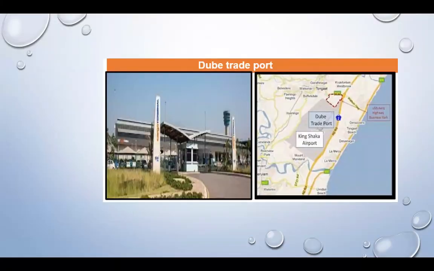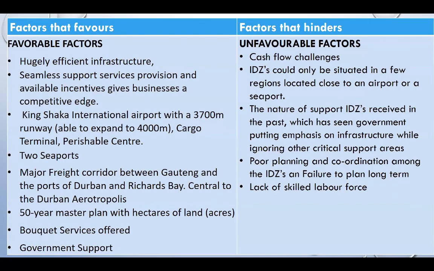Now, let's look at the Dube Trade Port. You need to look at the factors that favour the Dube Trade Port. This trade port usually has effective infrastructure, seamless service provision and available incentives, which give business a competitive edge. So businesses will be subsidized.